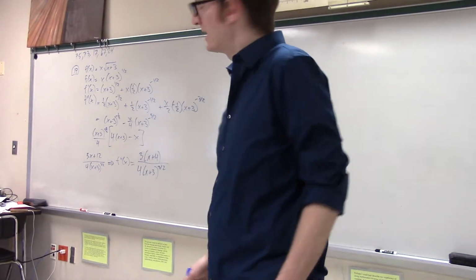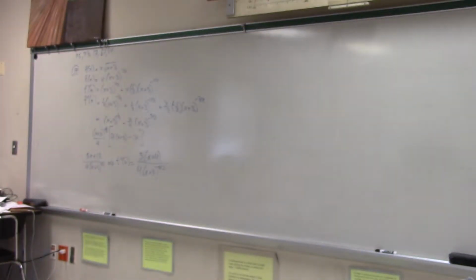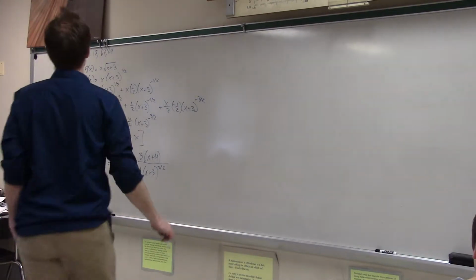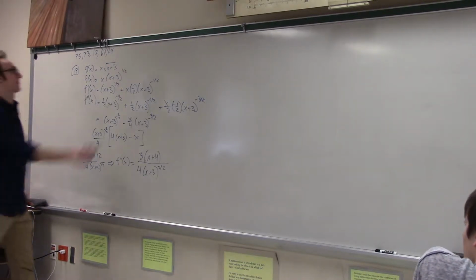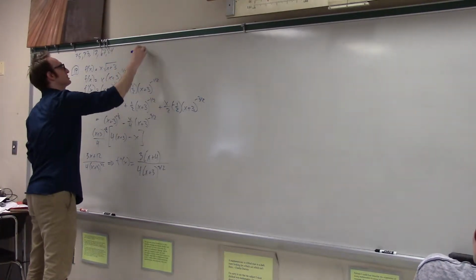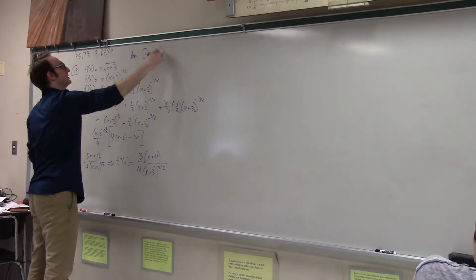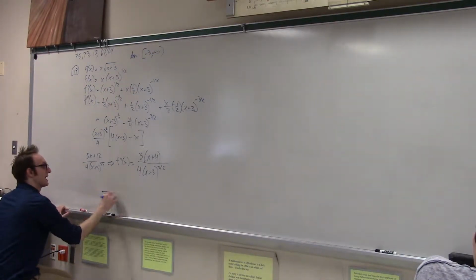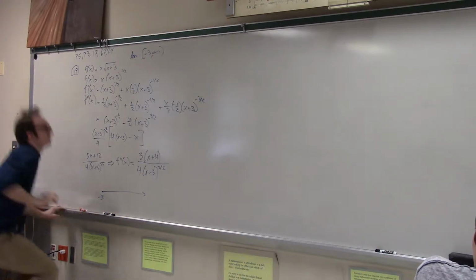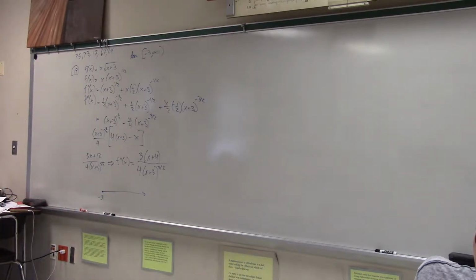This particular problem is a little bit interesting because of something we maybe could have noted at the very beginning. What's the domain of this function? Yeah, the domain of this function is everything from negative 3 to infinity. So when I go to make my number line analysis for this, I should really only be considering numbers to the right of negative 3.